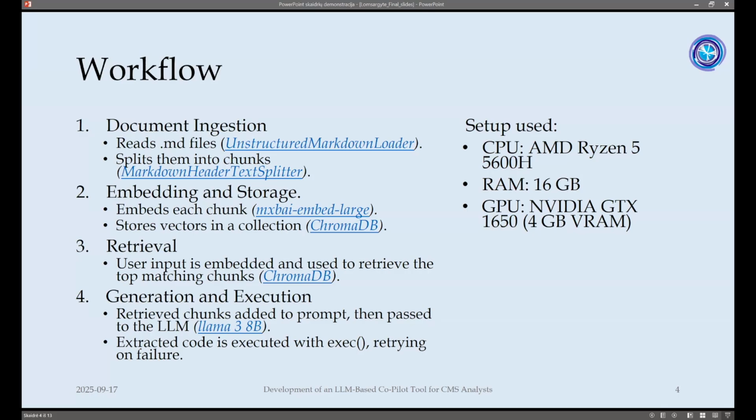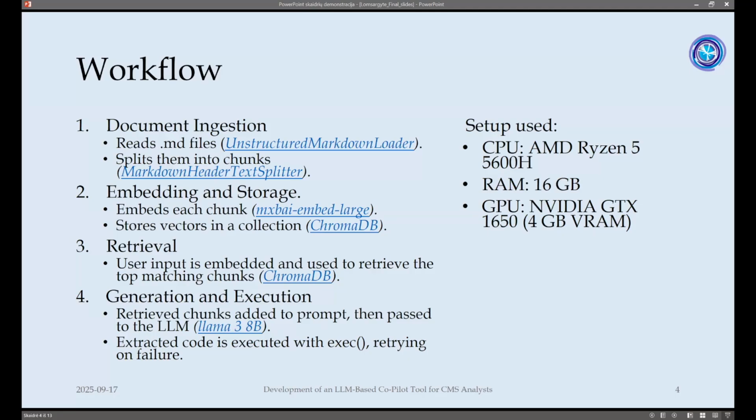And then for the embedding and storage parts, it embeds each chunk and stores them in the collection. Then the user input is also embedded and used to retrieve the top matching chunks.